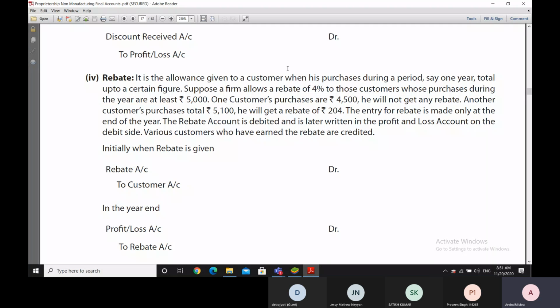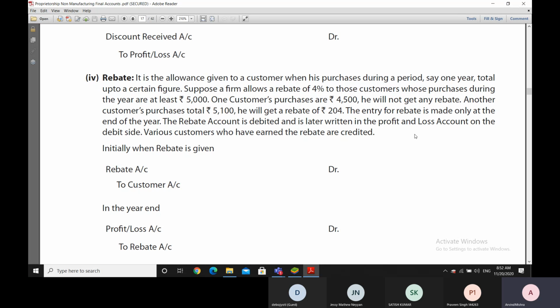Now let's say the firm allows a rebate of 4% to those customers who purchase at least 5,000 rupees worth of goods in the year. And one customer's purchases are 4,500. So he will not get that rebate. But another customer whose purchases are 5,100 will get a rebate of 4%, which comes to 204 out of 5,100.